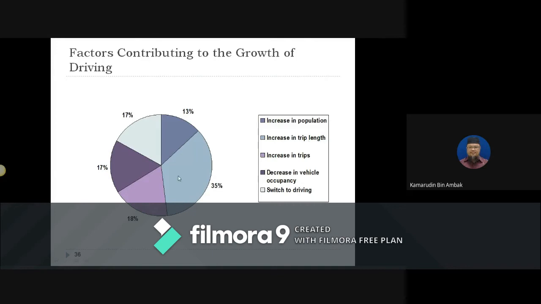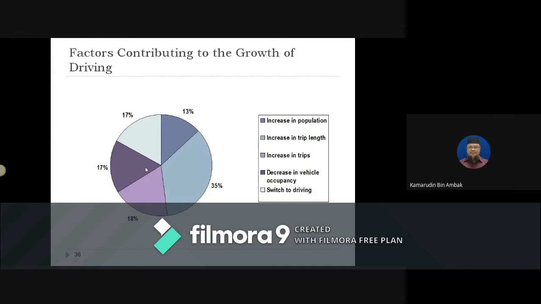So that's why driving grows, because we have a lot of area to be covered. We have many areas or attraction zones, and then 80% is the increase in trips. As it relates to this one also.